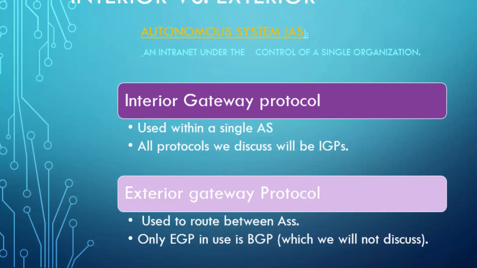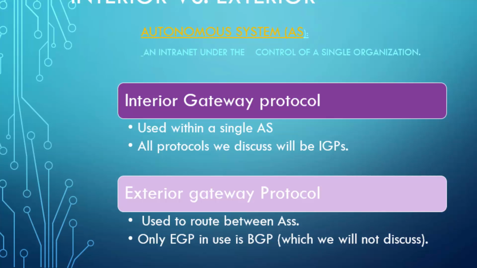Before talking about Interior Gateway Protocol and Exterior Gateway Protocol, we need to understand the term autonomous system. An autonomous system is an internet under the control of a single organization. For example, an internal network of a company can have an autonomous system. I am using my ISP Comcast, and probably Comcast is going to be using an autonomous system as well.